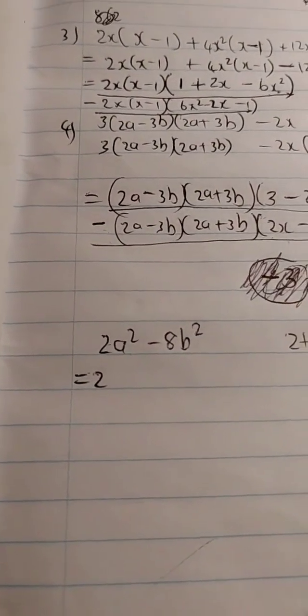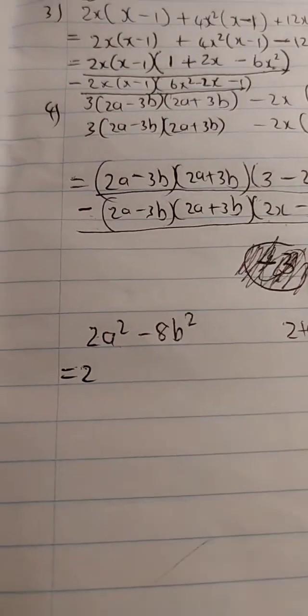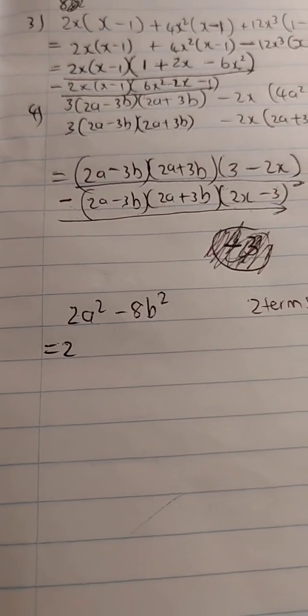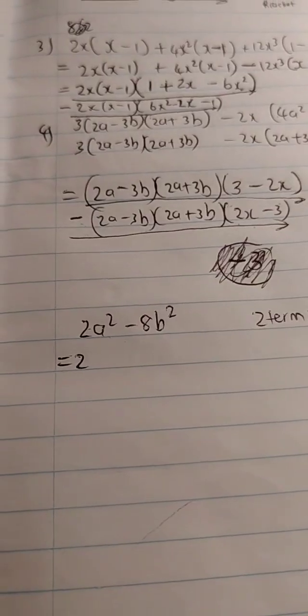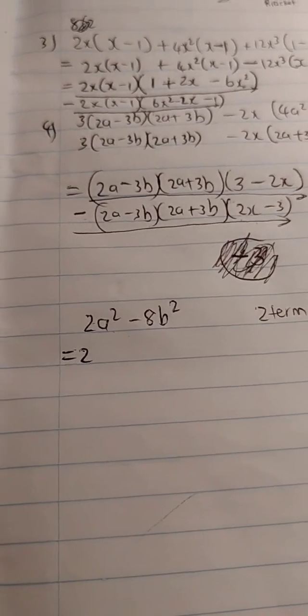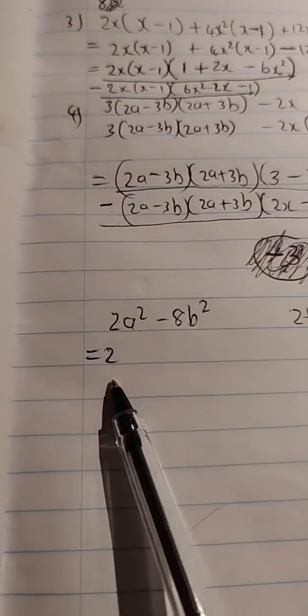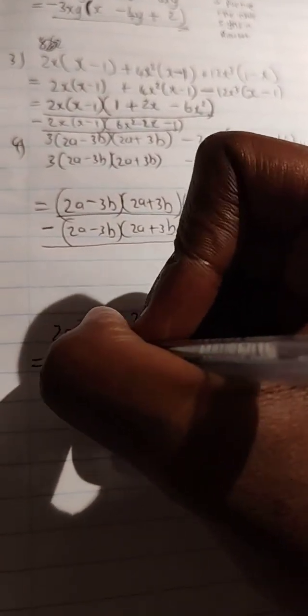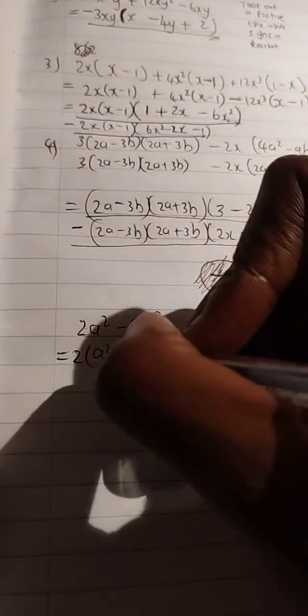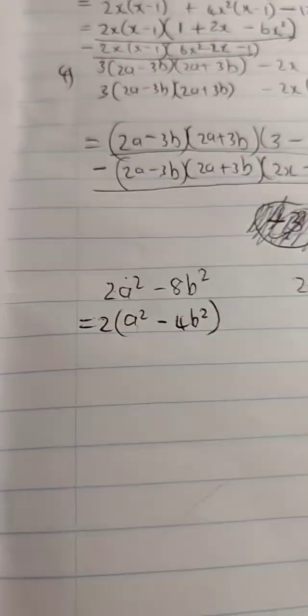Do we have a highest common factor letter? There's a, there's b squared. Do we have a letter that is common? No, we don't. Do we have a bracket that is common? No, we don't. So we've taken out our highest common factor. It's 2. What's left over? 2 times what is 2a squared? It's a squared. 2 times what is 8b squared? It's 4b squared.